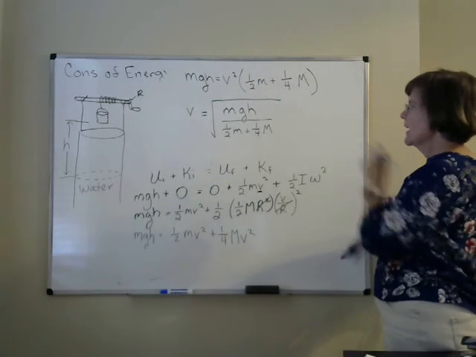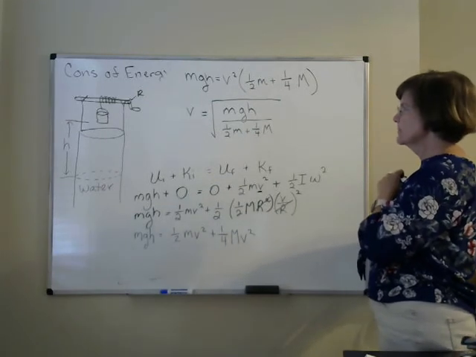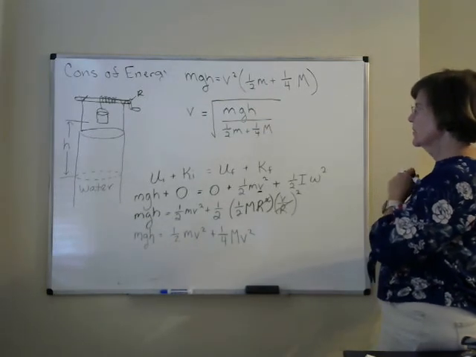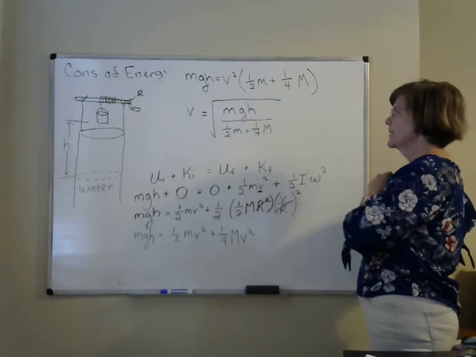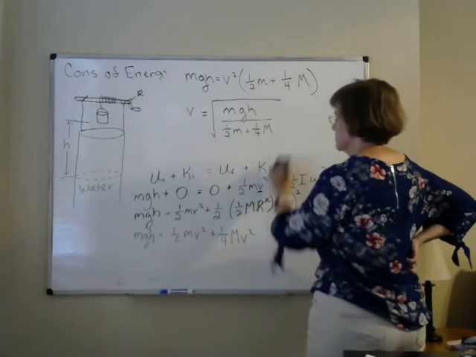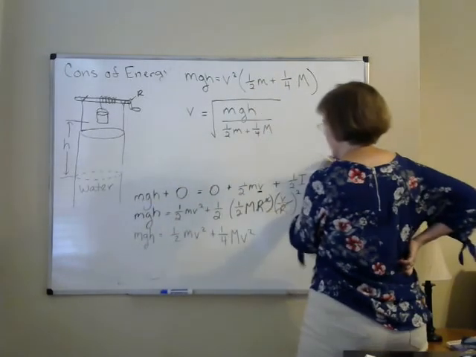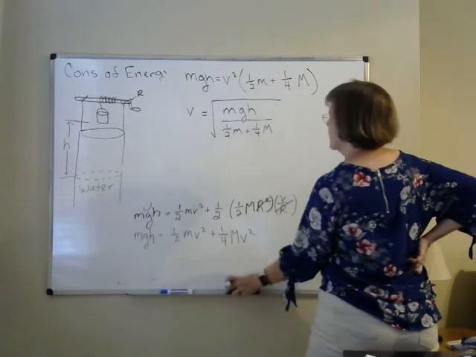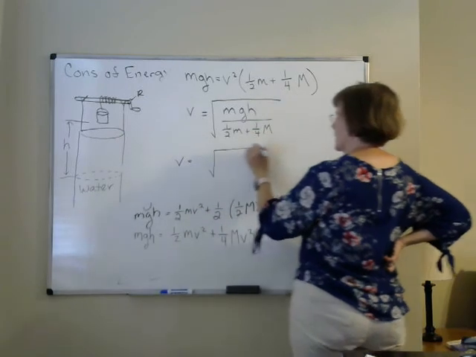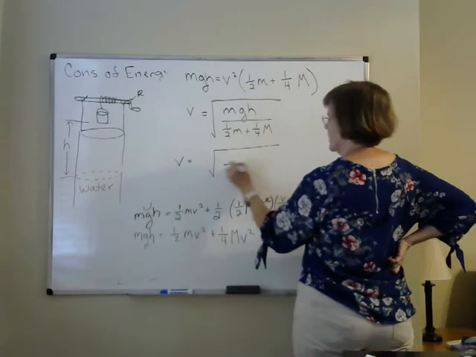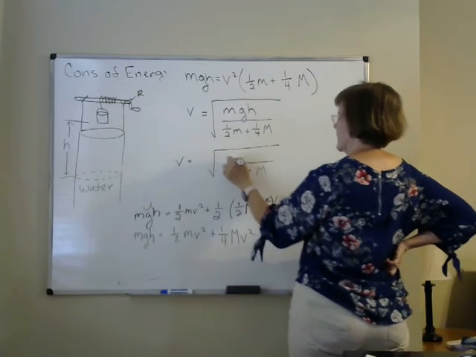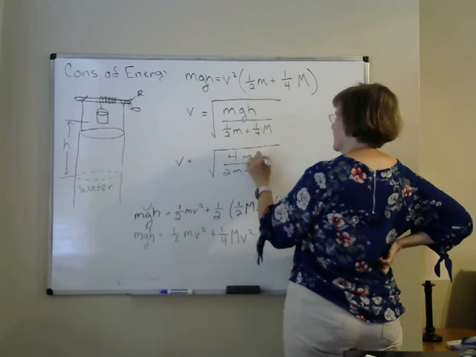I don't really like the complex fraction down on the bottom. Not too crazy about that at all. So I might want to go ahead and multiply the numerator and the denominator by 4. If I multiply the bottom by 4, that's going to be 2 little m plus big M equals 4 mgh.